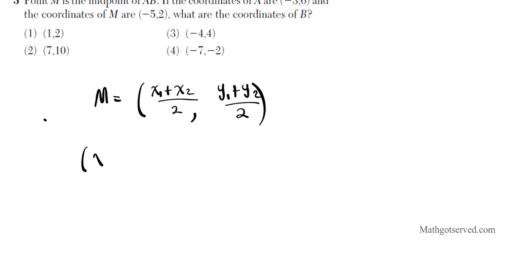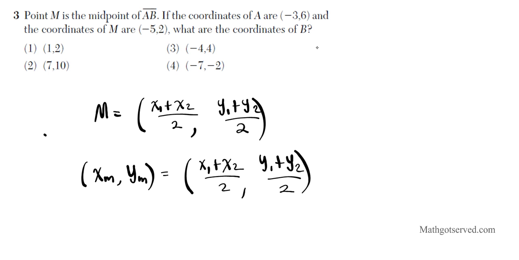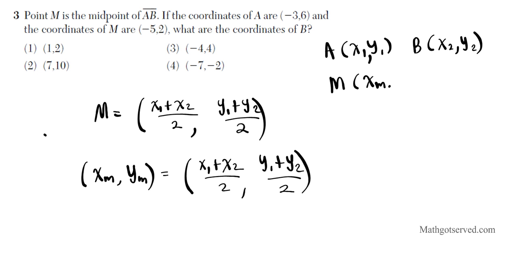I'm going to call this x sub m and y sub m, equals the average of the x's, x1 plus x2 over 2, comma y1 plus y2 over 2. Point A is going to be x1, y1, the first pair of coordinates. B is going to be x2, y2. And then M is going to be x sub m, y sub m for the midpoint.